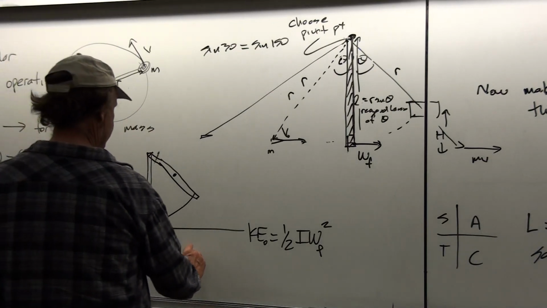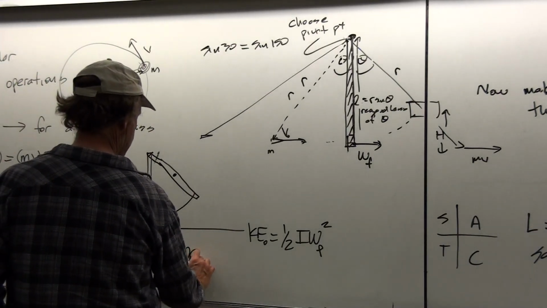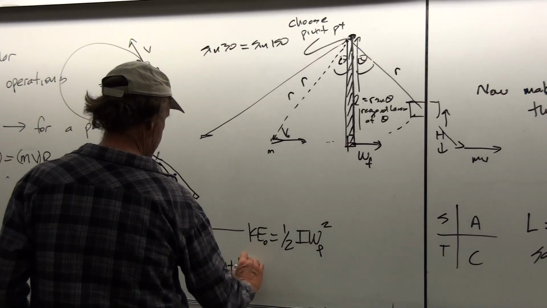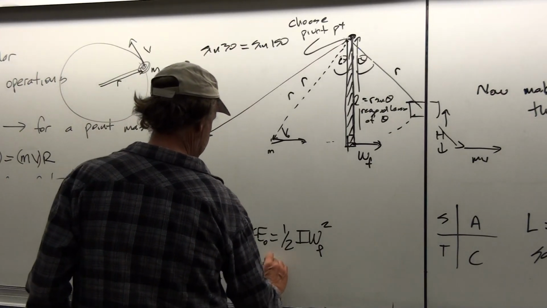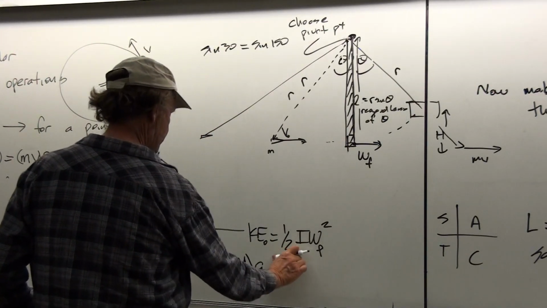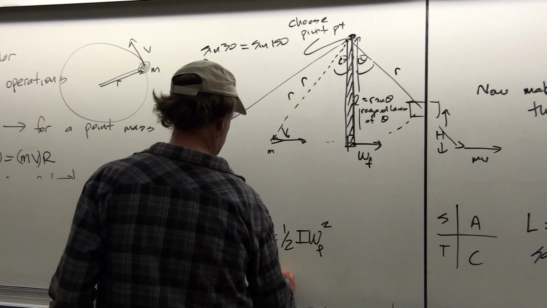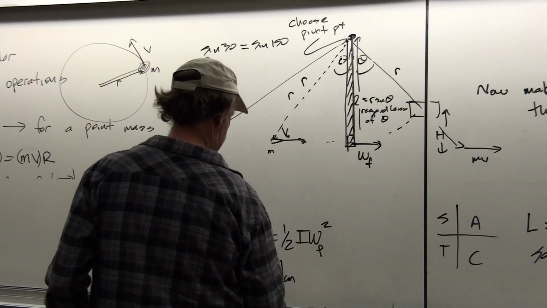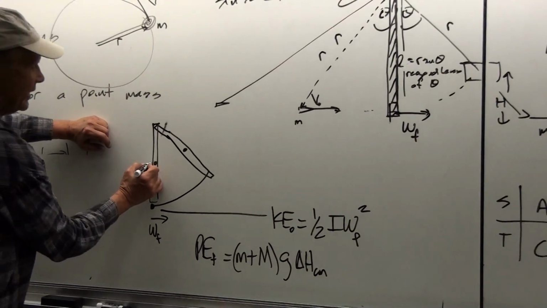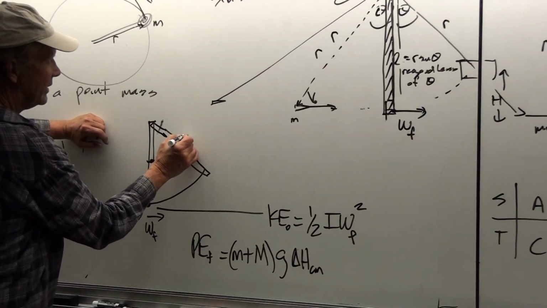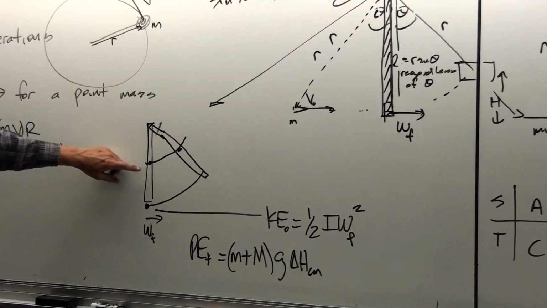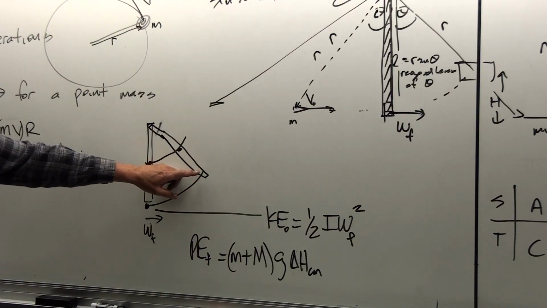And so the final PE would be equal to little m plus big M times g times delta h CM. So this is a little tricky because the center of mass of the meter stick moves a different amount vertically than the mass does.